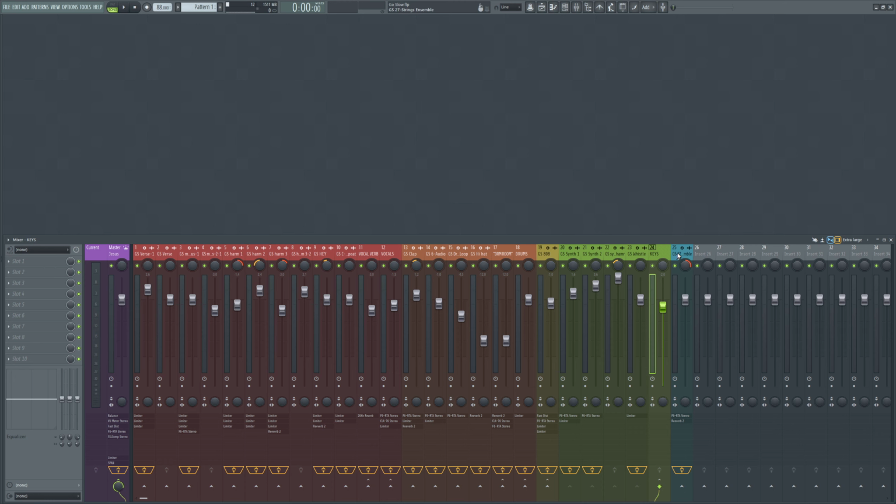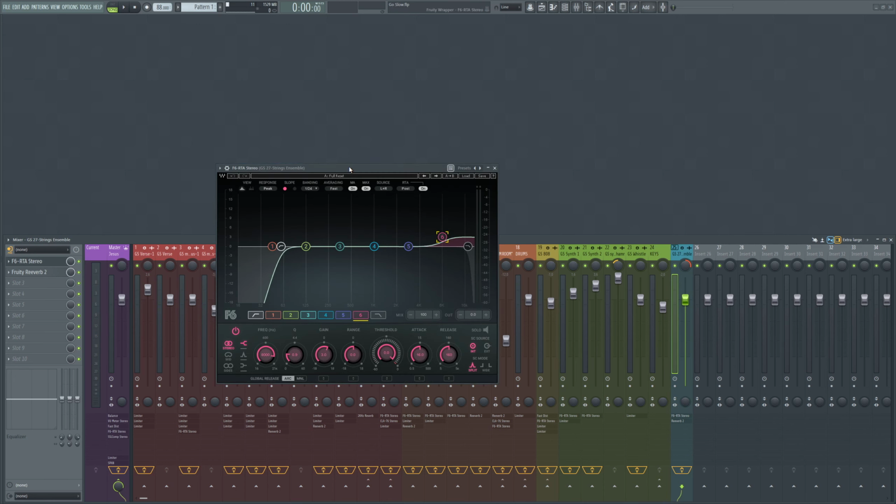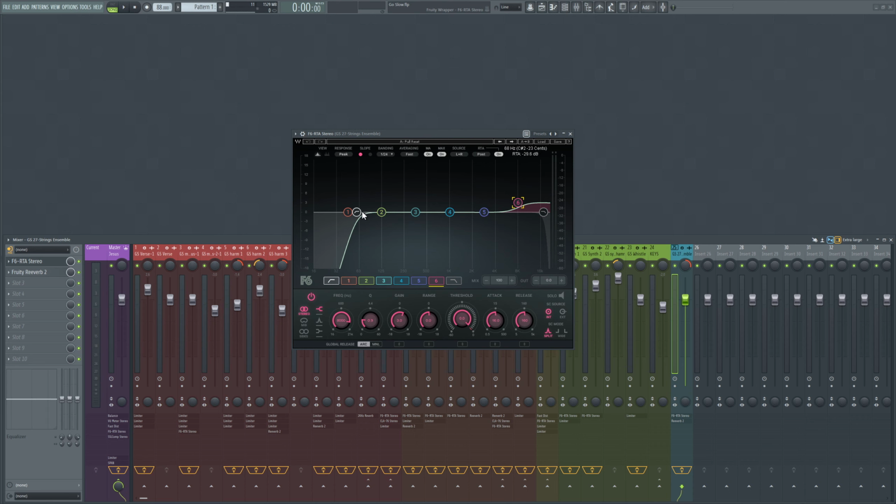Alright, moving on to the keys. We don't have anything on the keys, and then we only have one plugin for, what is this, strings, which is an equalizer. Actually two plugins, sorry about that. What I did is I gave it a high pass filter set at 58 hertz, at 24 decibels per octave.